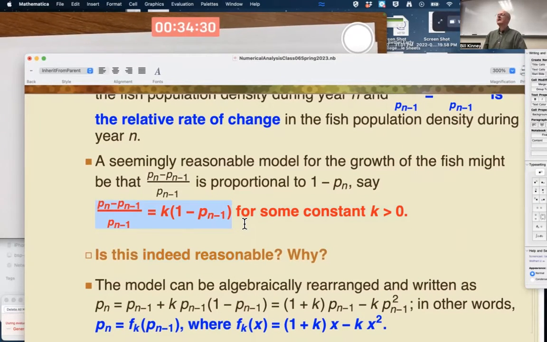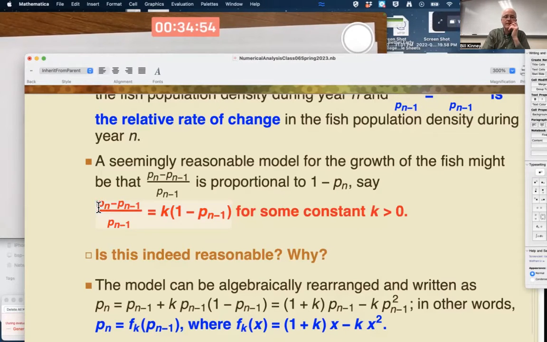Well, think about it intuitively. Imagine P_0, say, or P_{n-1} is a very small number, like 0.01 or something. That means the population density of the fish is pretty small. It means the population of fish is small relative to how many fish the lake can hold. Lots of room for growth.